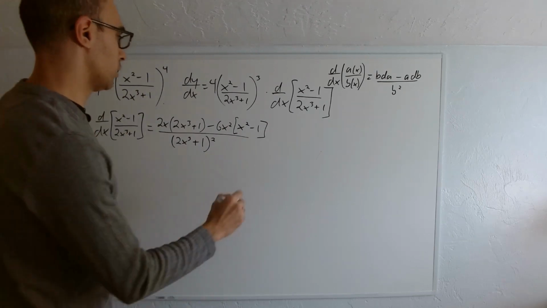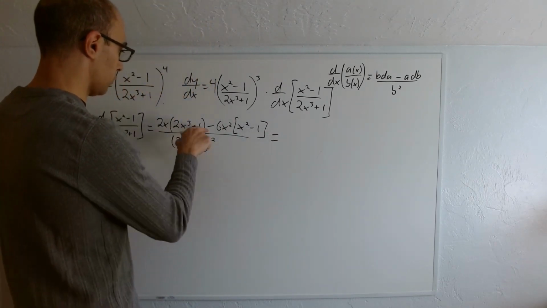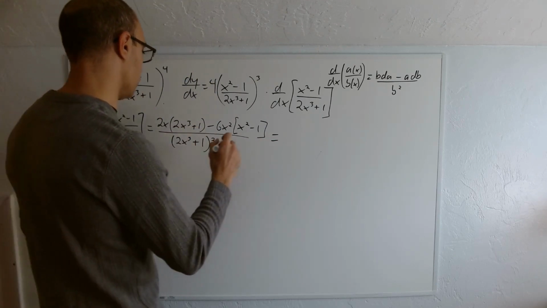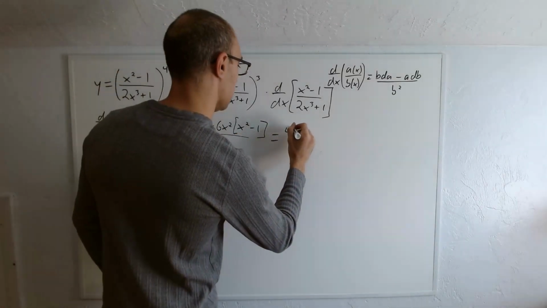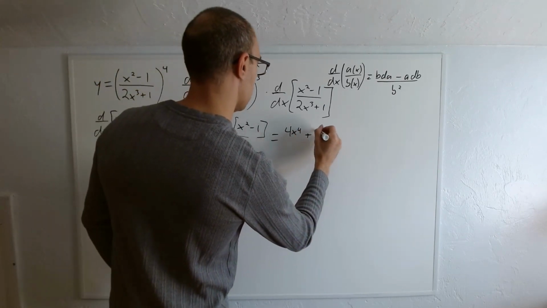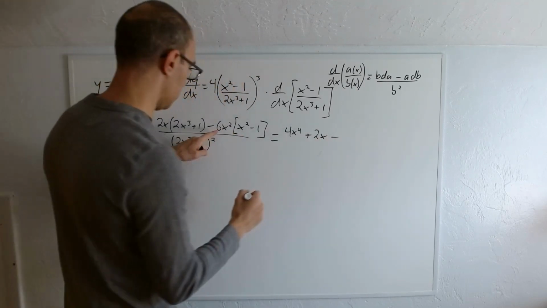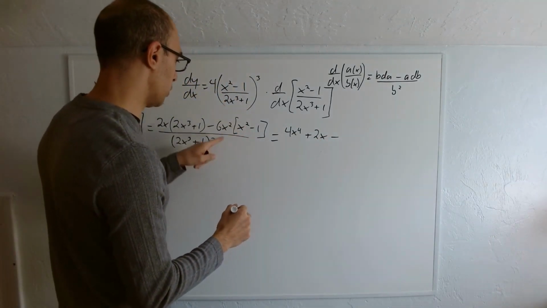Let's go ahead and multiply this through. So 2x distributed between these two terms, we get 4x to the 4th plus 2x. Now minus the 6x squared distributed through.